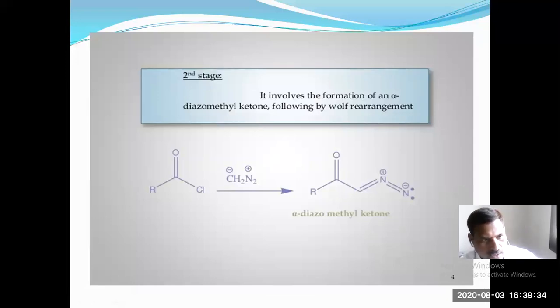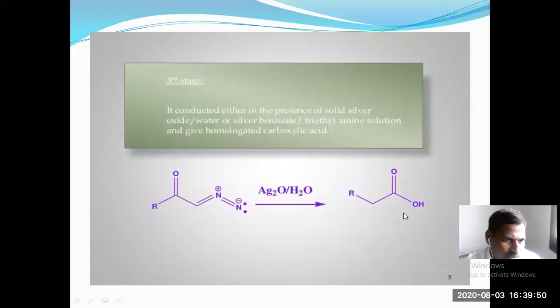In the second stage, this acid chloride reacts with diazomethane, and you get the alpha diazomethyl ketone. The alpha diazomethyl ketone undergoes reaction with Ag2O followed by hydrolysis, and carboxylic acids are formed.